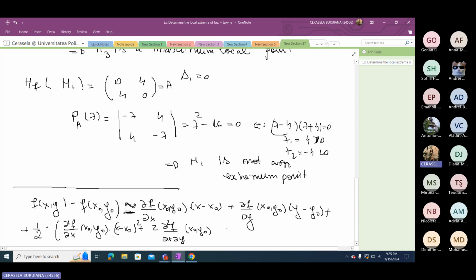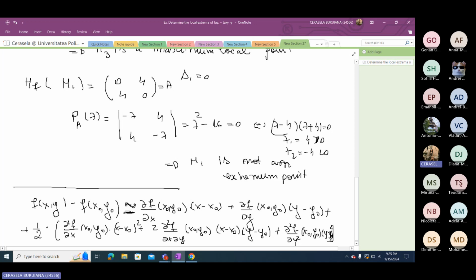I write the Taylor polynomial of second order. And you will see what it will be useful for. Okay, I almost finished, and then you will receive the explanations.